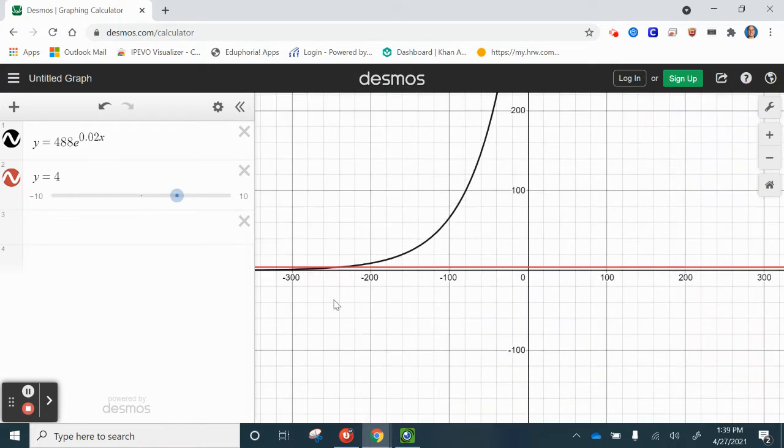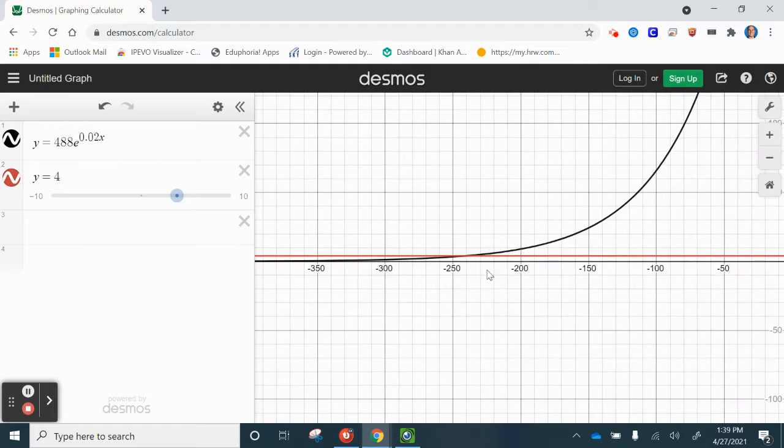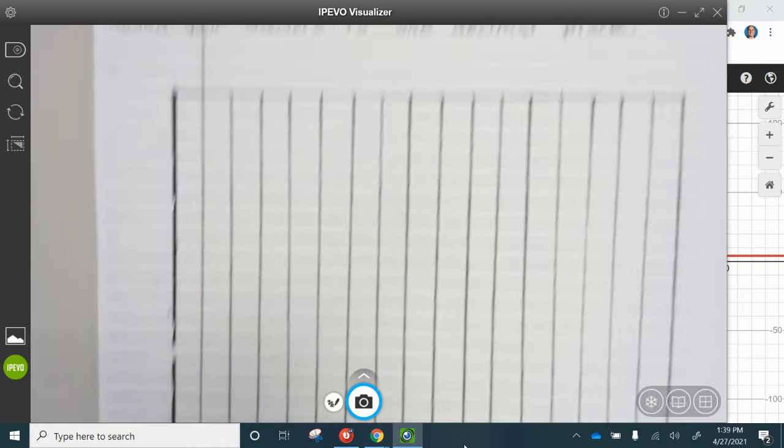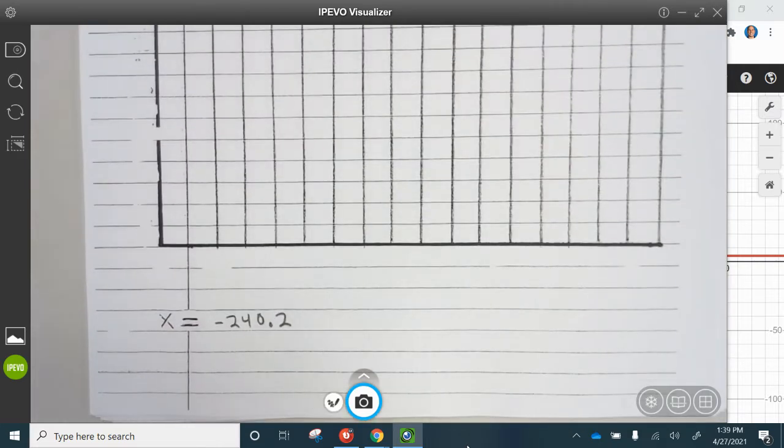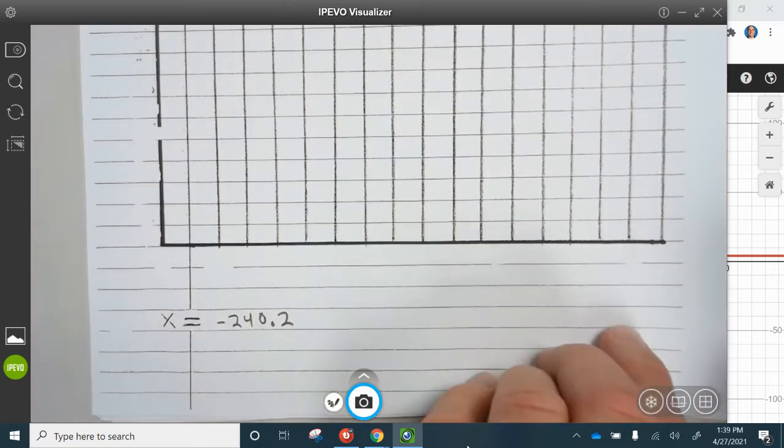There, we start to see the graph, and then we click on there, and there's our point of intersection. Again, we want the x value to one decimal place, so x equals negative 240.2. So your solution is x equals negative 240.2. Go ahead and finish up question 3.